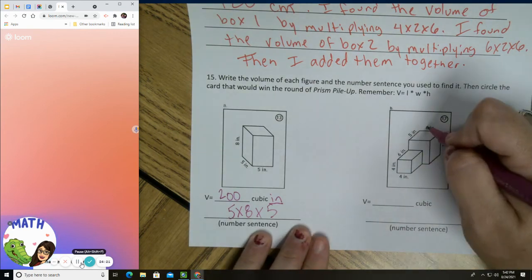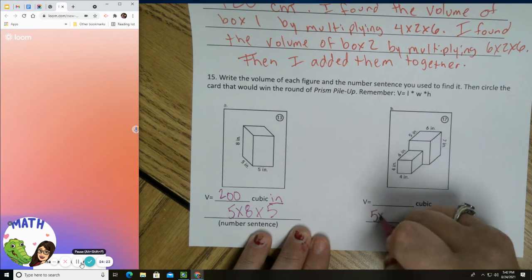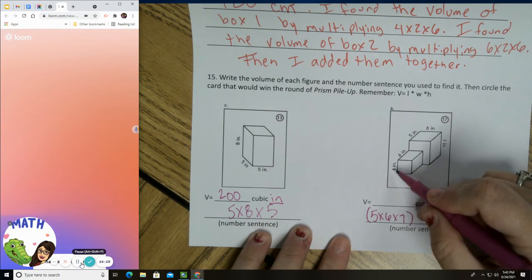All right, 5 times 6 times 7 plus 4 times 4 times 6.